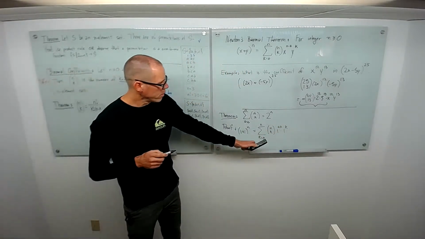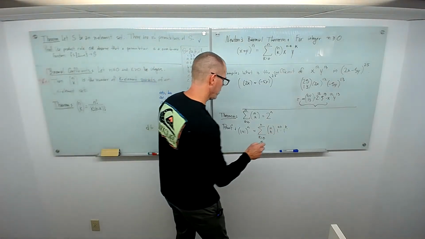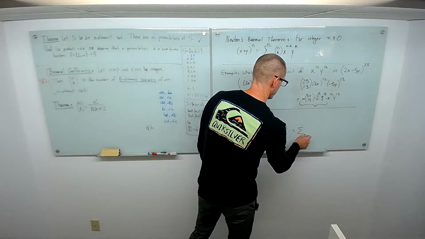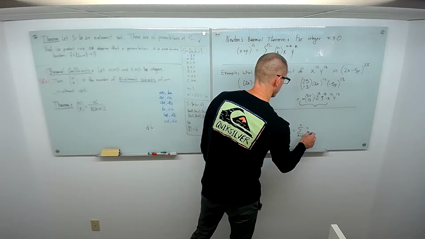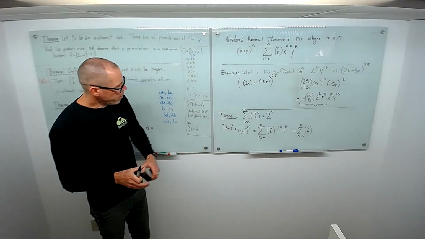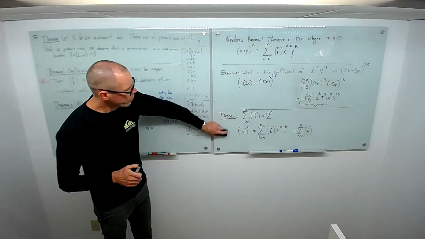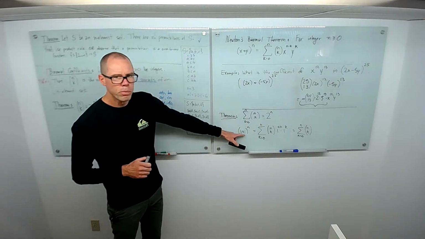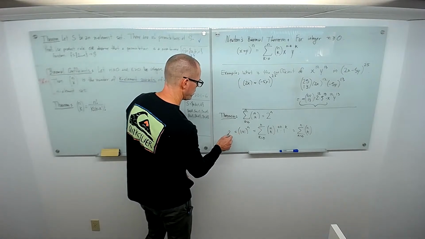But of course, multiplying by powers of 1 doesn't change anything. So that's just the sum k equals 0 to n of n choose k. But wait a minute. This is even more trivial than that, because 1 plus 1 is just equal to 2.